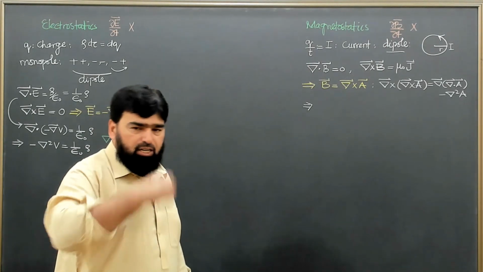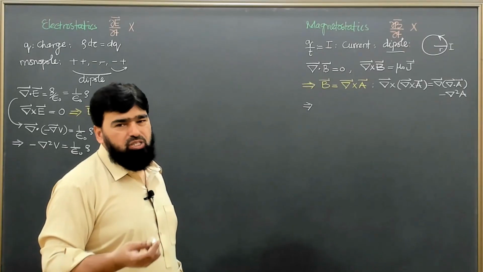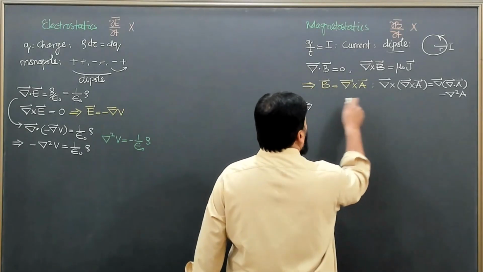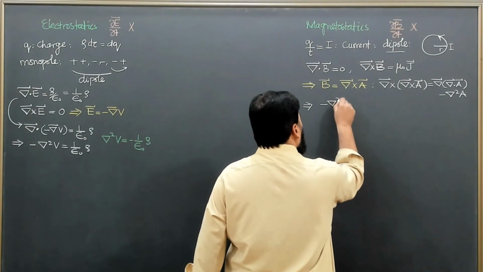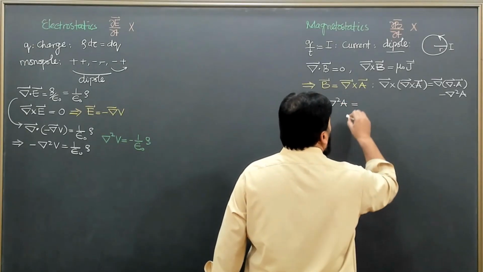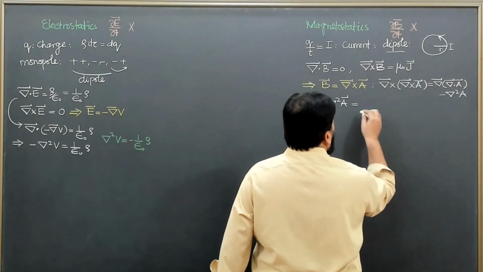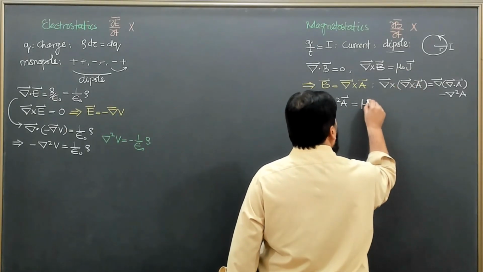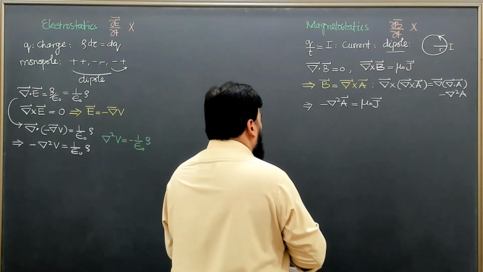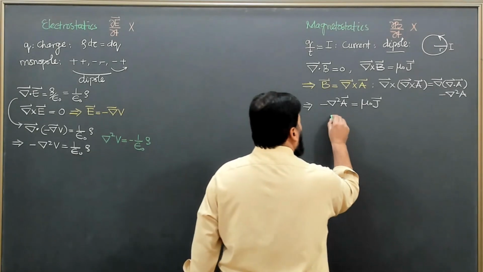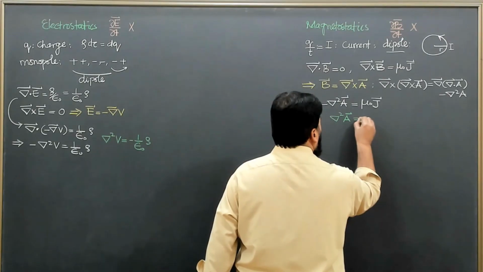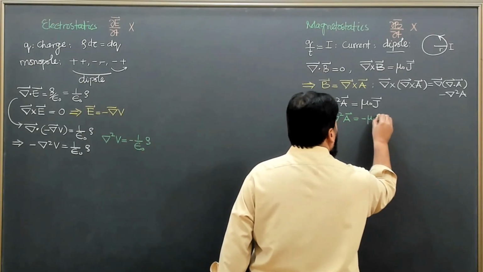A is also curling, so its divergence is 0 in the Coulomb gauge. We have discussed this thing. So minus del square A is equal to mu naught J, and this becomes the Poisson's equation: del square A equals minus mu naught times J.